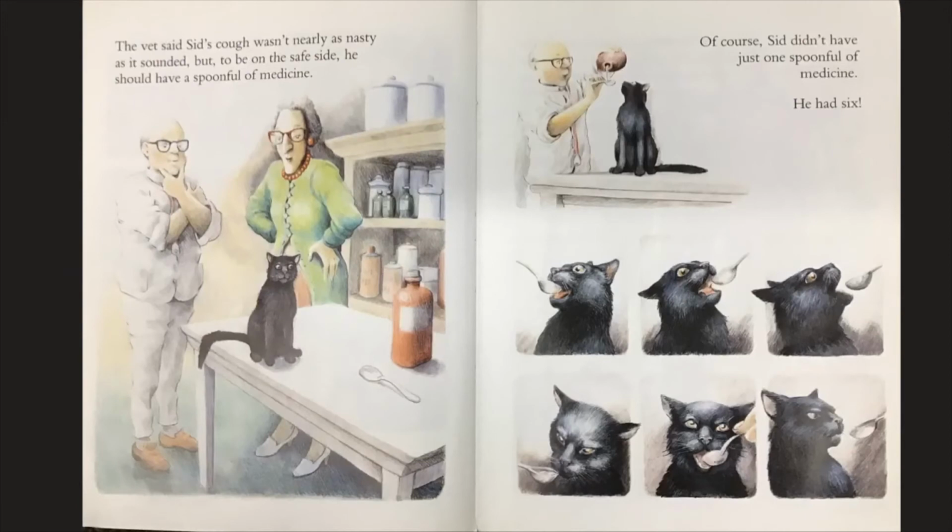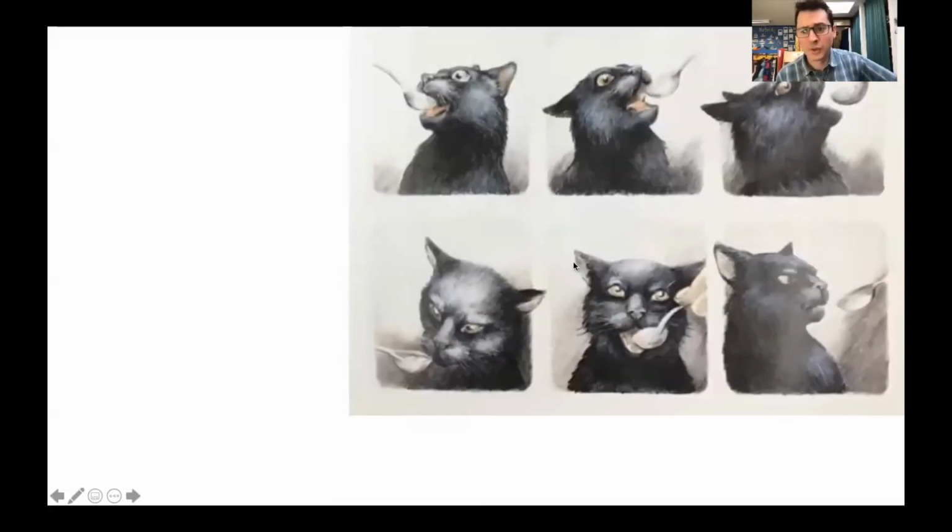The vet said Sid's cough wasn't nearly as nasty as it sounded, but to be on the safe side, he should have a spoonful of medicine. You can imagine what happened. Sid didn't have just one spoonful of medicine for his cough. That's right, can you see? He had 6.